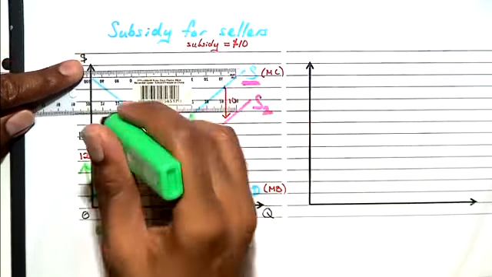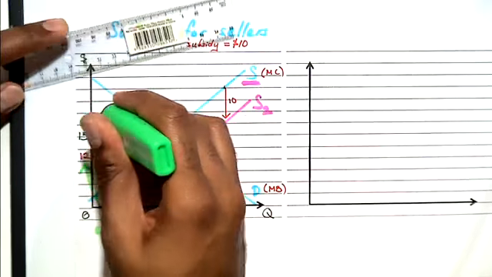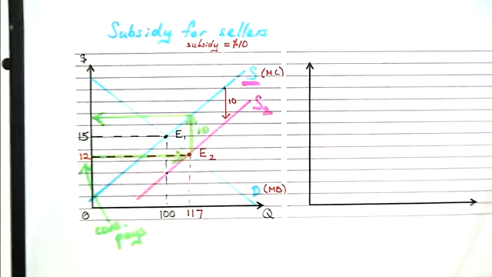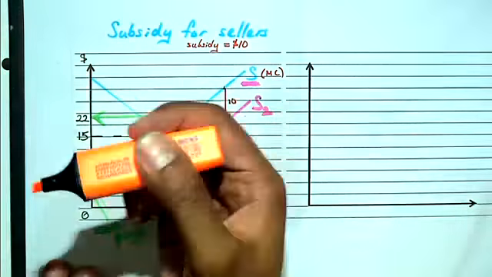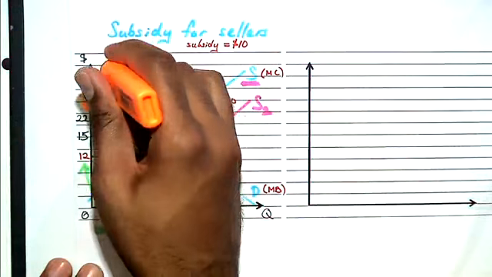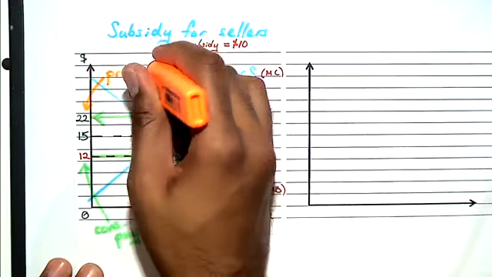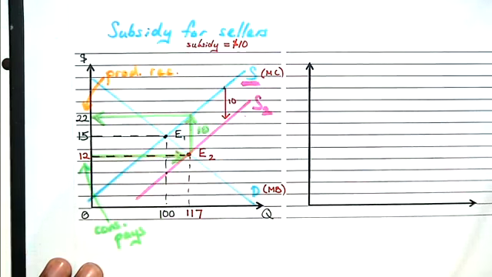So what does the seller effectively receive? 22. Producer receives 22.